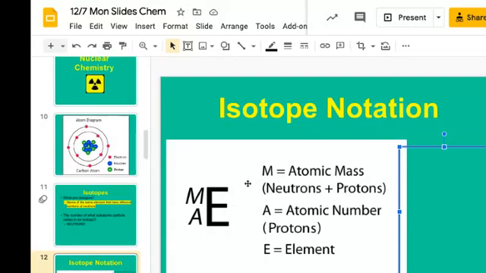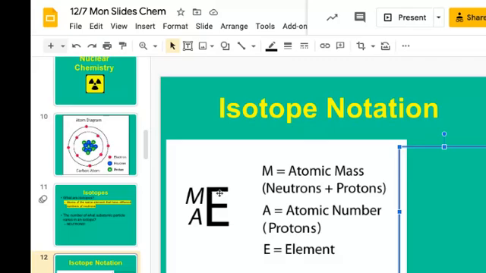All right, so we have the isotope notation. So this is how we write out information about isotopes. We did this last week. So the big letter that you have is our element.